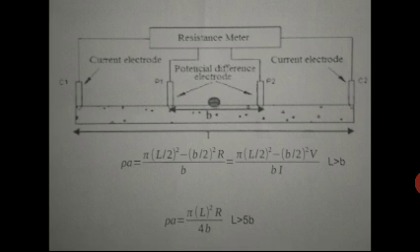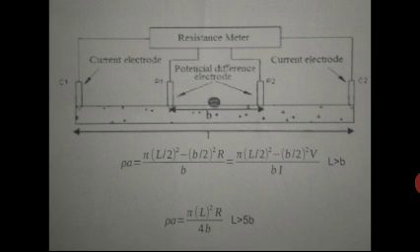The essential idea behind vertical electrical sounding is assuming that conductivity or resistivity varies with depth. The apparent resistivity can be determined with the help of the Wenner configuration or Schlumberger configuration.